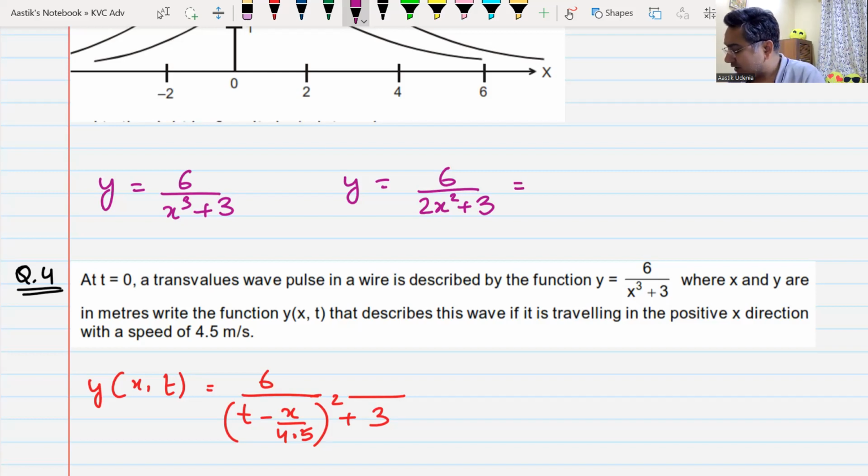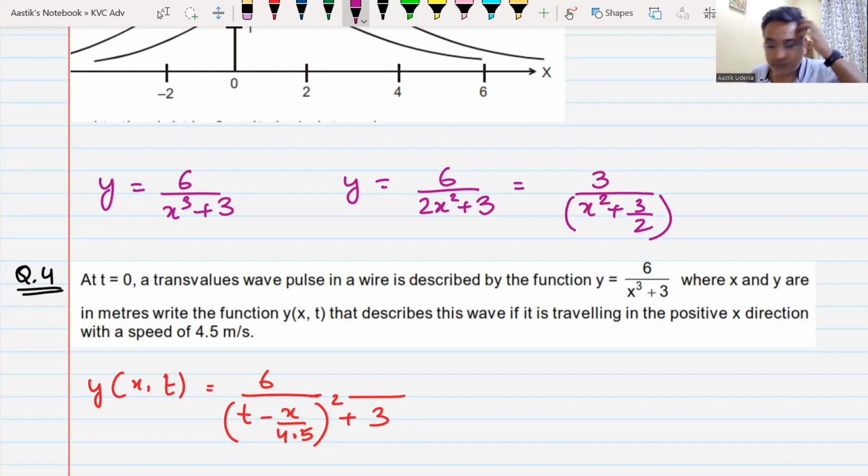See, you can just take out 2 common, and you can write this equation as 3 divided by x square plus 3 by 2. Now you make the coefficient of x as x only. You just take it out, and you can now write the wave equation. Do we understand this?